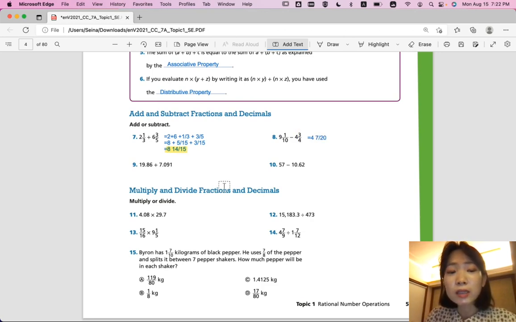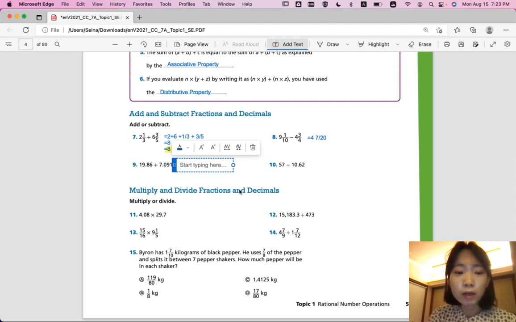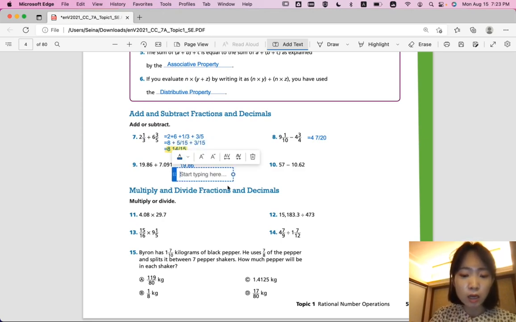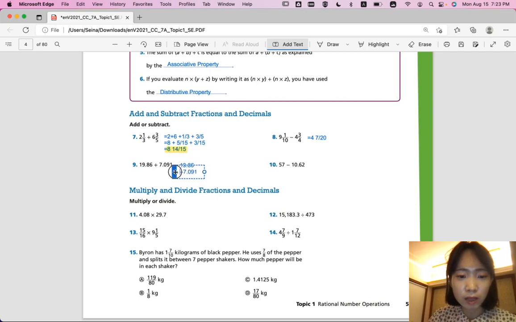Number 9, decimals. 19.86 plus 7.091. Remember to line up your decimals. So see the decimal points that are lined up here?